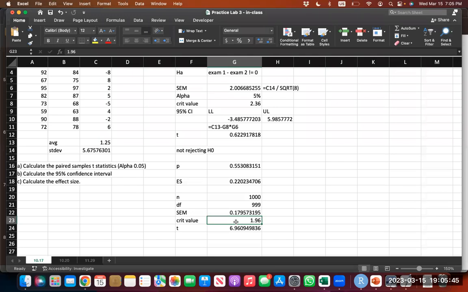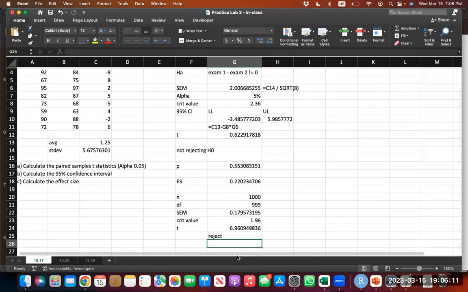Therefore, we will reject the null hypothesis at a larger sample size, emphasizing that when you increase the sample size, your variability will be smaller, and therefore your standard error of the mean will be smaller, because you get a more accurate estimate of your population mean. And thereby, you're more likely to reject the null hypothesis and less likely to accept the null. So now we're rejecting. Good.